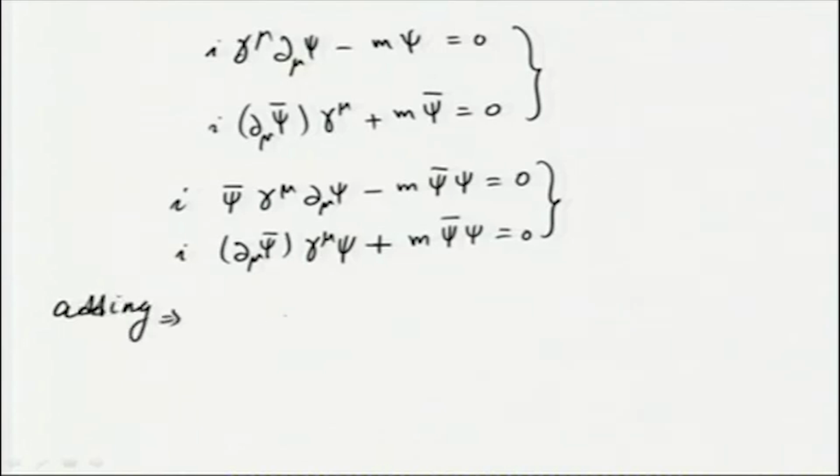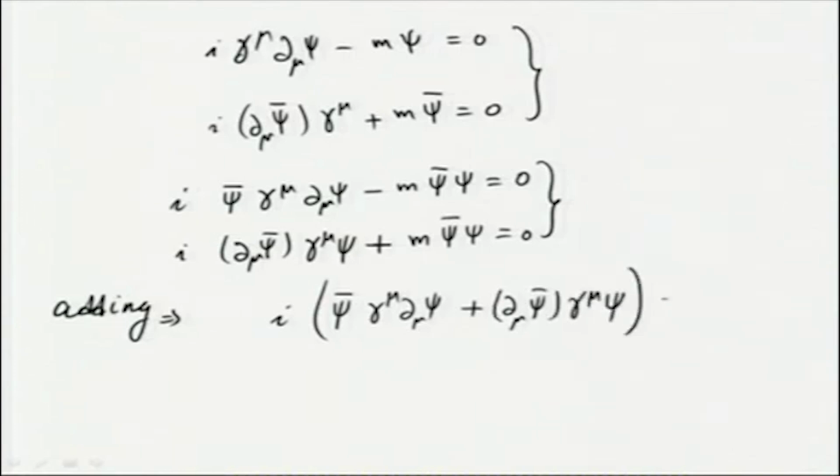What do we get? I is there, you have psi bar gamma mu dou mu psi plus dou mu psi bar gamma mu psi equal to 0. M psi bar psi cancels with minus m psi bar psi.